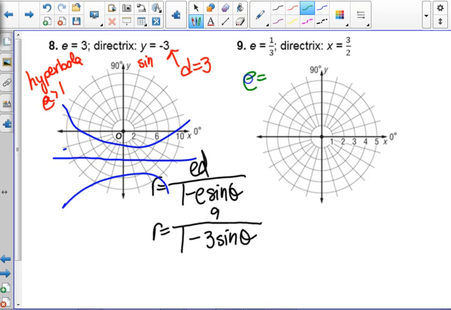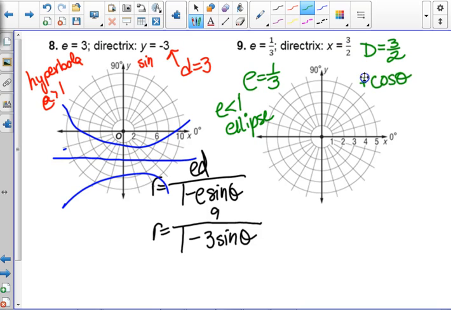E is 1/3, which makes it a what? Less than 1 makes it a what? Ellipse. Okay. And D is 3/2. And this is x equals, so it's got cosine and it's positive.